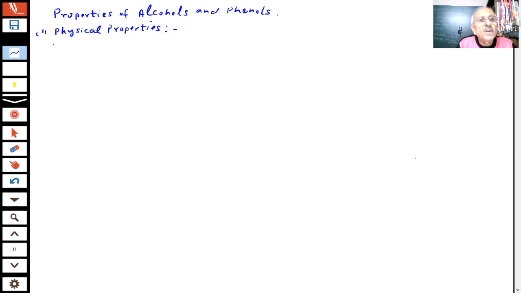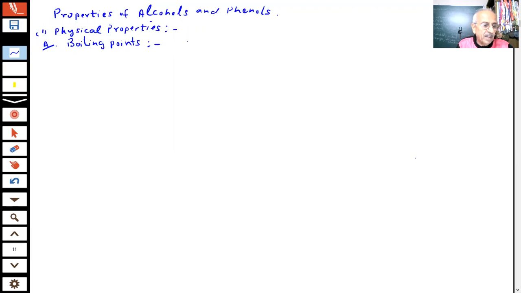Boiling point depends on the attractive forces between the molecules.